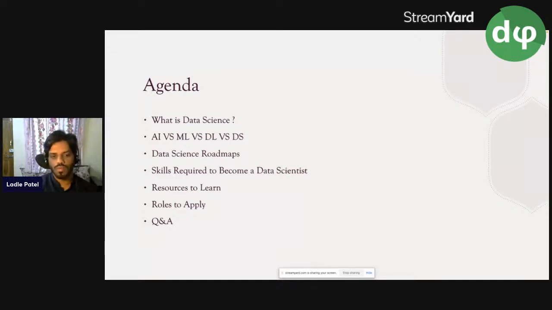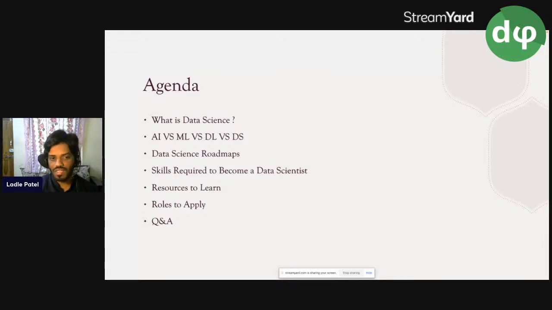I'll show you our own roadmap, what we apply within Genpact, and what the essential skills are which are required to become a data scientist, and the resources to learn. Well, there are many resources. Data science being very fancy, many people follow this. Most of the people want to become a data scientist, but they give up in the middle.